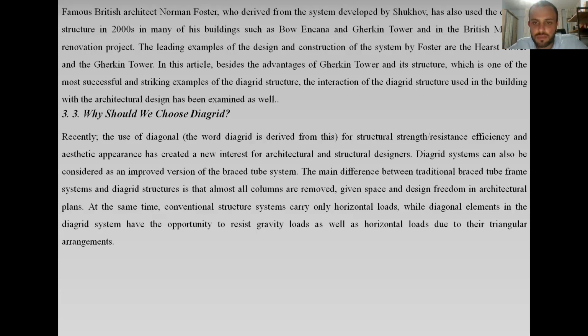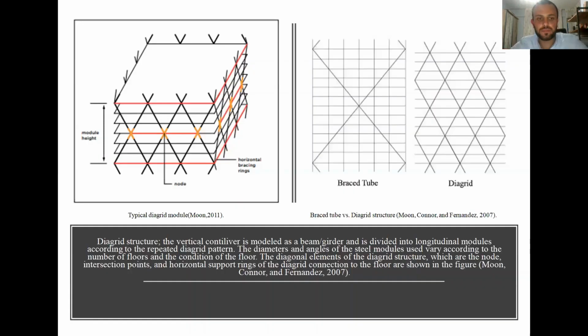The main difference between traditional braced tube frame systems and diagrid structures is that almost all columns are removed, giving space and design freedom in architectural plans. At the same time, conventional structure systems carry only horizontal loads, while the diagonal elements in the diagrid system can resist gravity loads as well as horizontal loads due to their triangular arrangements.